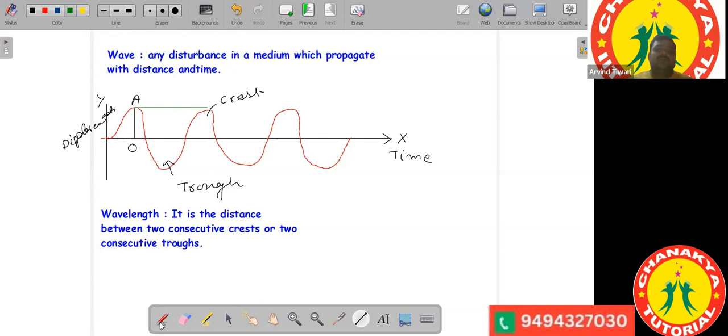So this distance between these two extreme positions, these two crests, we call as the wavelength. Let this be B. We have the distance AB equal to the wavelength. This is your wavelength. It is denoted by the symbol lambda. Just the symbol is lambda.